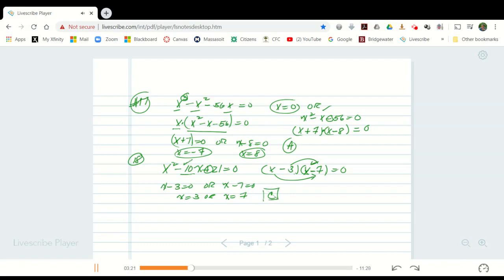Number 19, what gives you a hint that you're going to have to use the quadratic formula is, as I look at the answers, letters B, C, and D all contain the letter i. That's a tip-off that if 3 out of the 4 answers contain the letter i, then chances are you won't be able to factor it like we just did the previous one. You're going to have to use the quadratic formula.